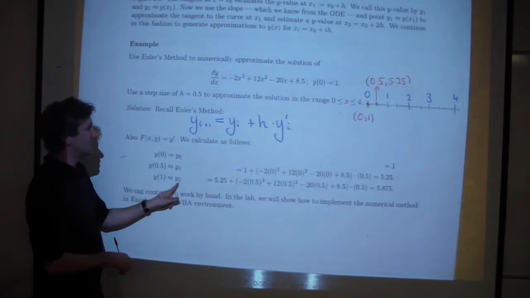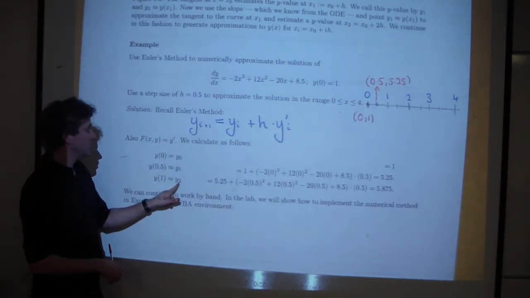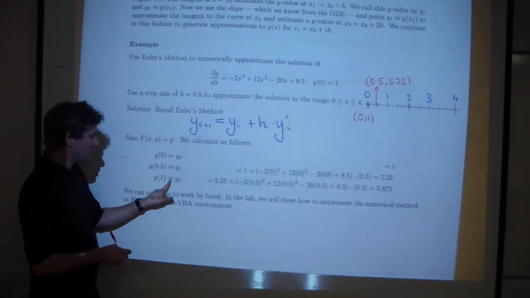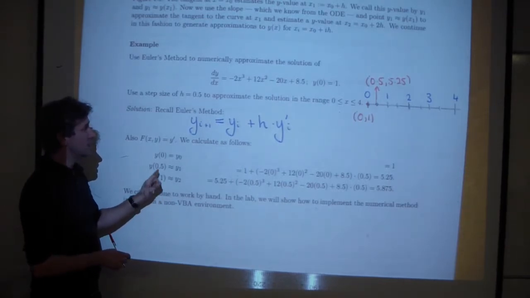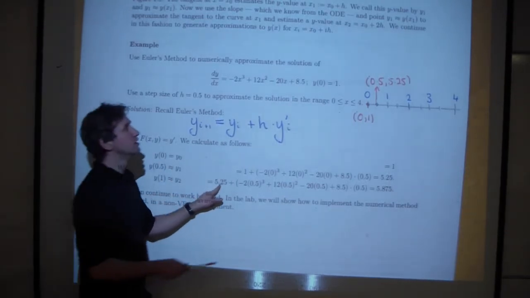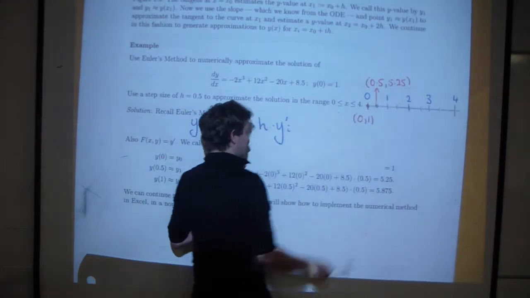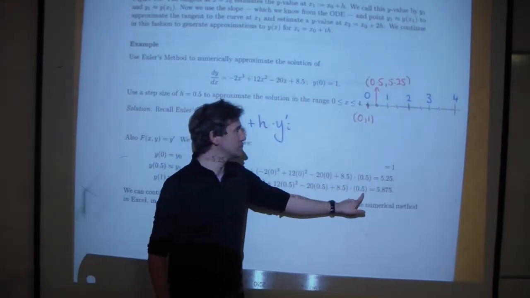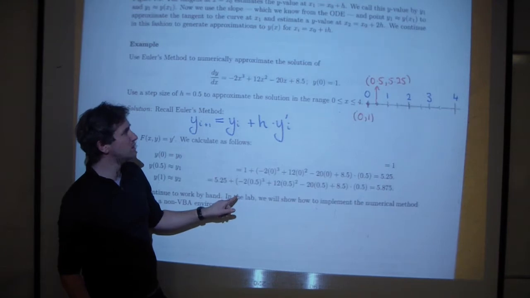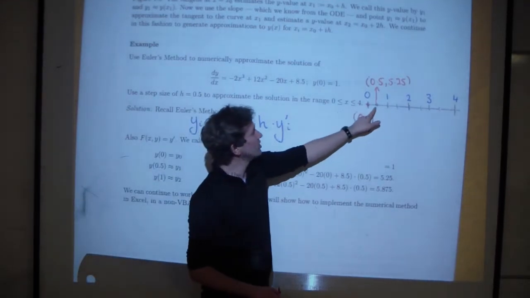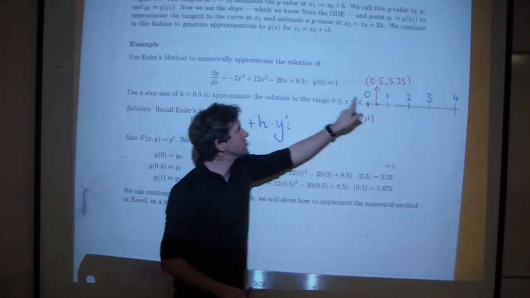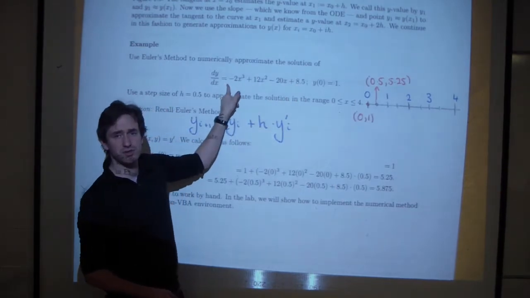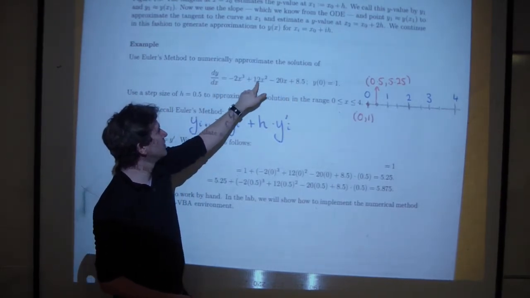So the next value of y, which approximates the exact solution at 1, is the previous y value, 5.25, plus the step size times the previous slope. Now at the previous point, the x coordinate is 0.5, so we substitute that in to get the previous slope. So I put x equal to 0.5 into that.